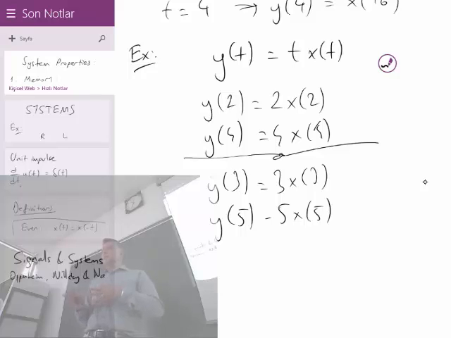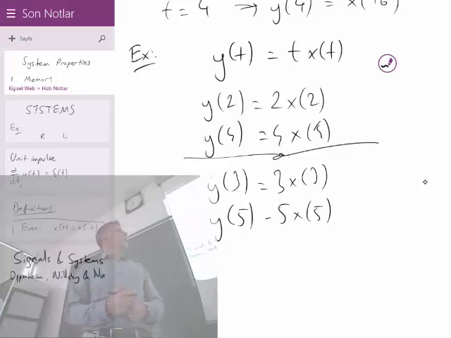You cannot just shift the input by some arbitrary amount. For example, instead of x of 3, if you want to find the output at x of 1, you shift the input by 2, x3 is shifted to x1, but this 3 scale changes. It's not 3 anymore, it has to become 1.